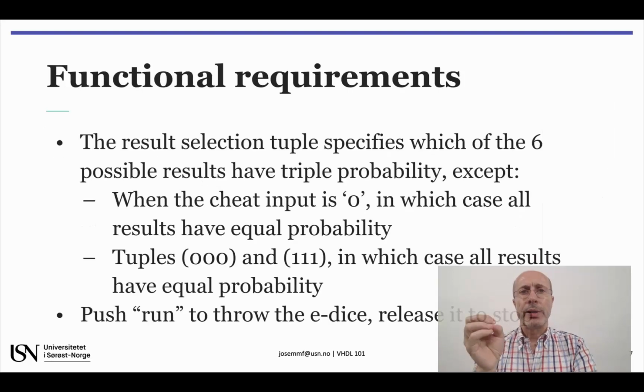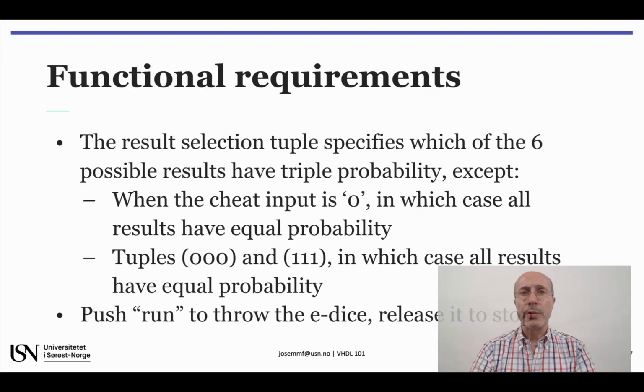The functional requirements may be summarized as shown in this slide. The 3 result selection inputs will define what result has triple probability, except of course when the cheat input is at 0, in which case all the results are equally probable.